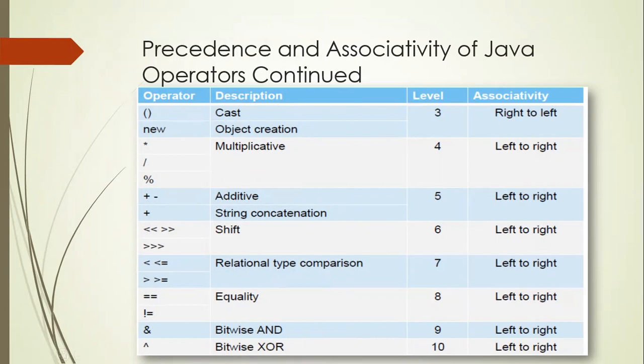Multiplication, division and modulus are left to right with the same precedence. Addition, minus and string concatenation are left to right, shift operators are left to right, and less than or equal to and greater than or equal to are left to right. Almost all are left to right, and very few operators are right to left.